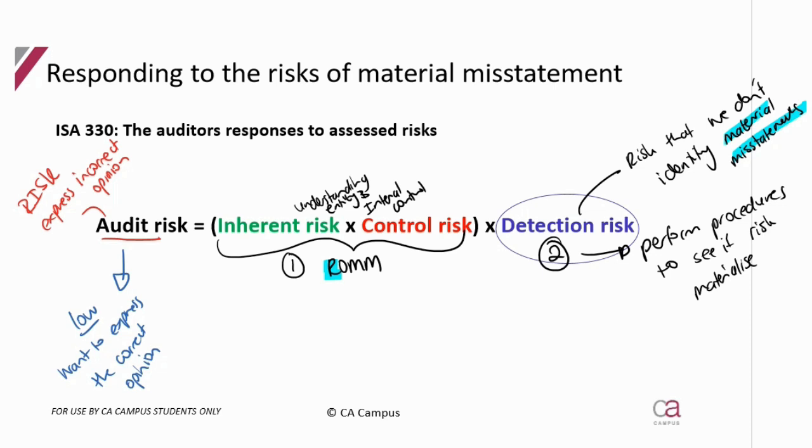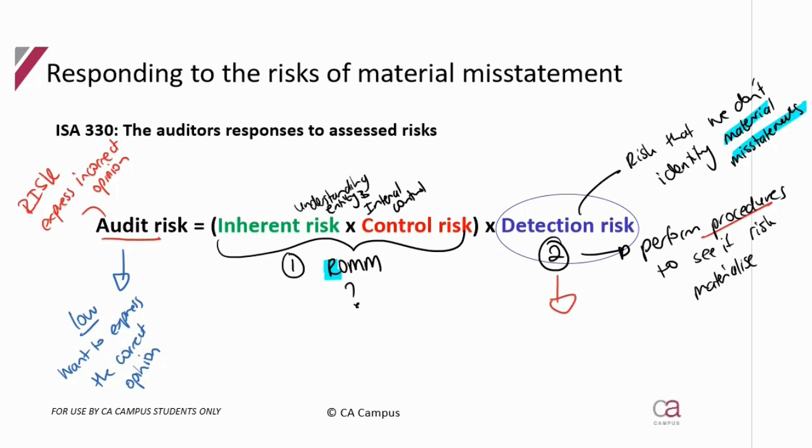So this detection risk means that in order for us to keep this low, once again, we want this to be low, we need to perform procedures to make sure we find out if those risks have materialized. And so our detection risk and our audit risk is always going to depend on what this risk of material misstatement is.